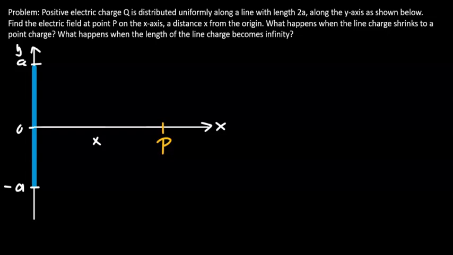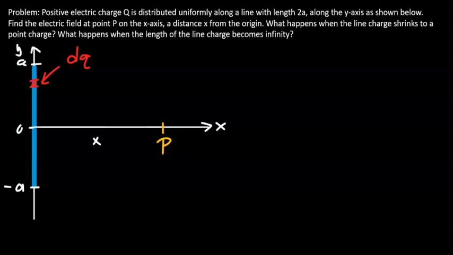Find the electric field at point P. To do that, we need to divide the entire line charge into very small segments, one of which is shown here. Let's assume that this segment is so small that it can be considered a point charge, and the total amount of charge within this element is dq.